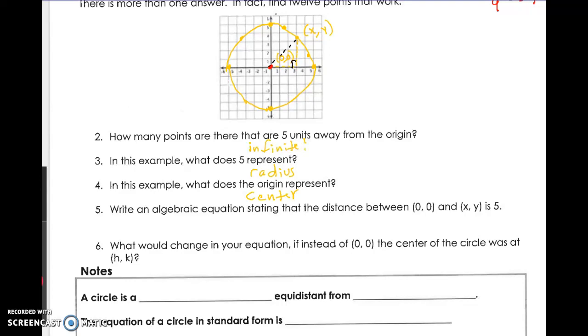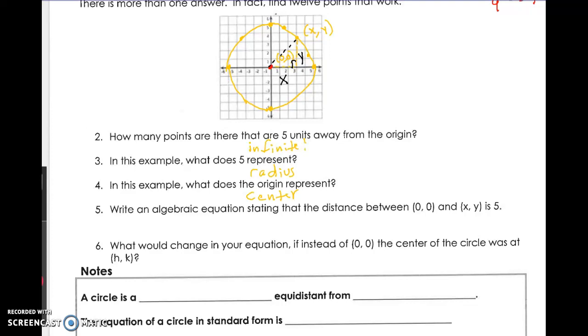So now what we'd have to know is how far are these different segments in this right triangle? Well, the first distance here is really just the x distance. The second distance is just the y distance, because that's how far away 0 is from y.